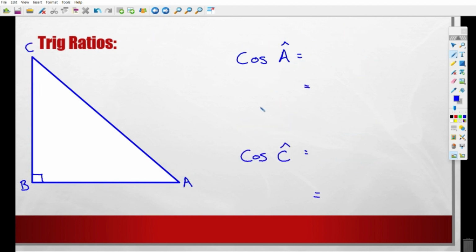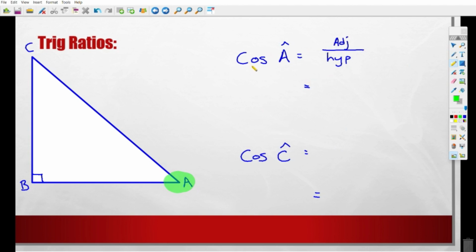Here we've got cos. Again, learning work, we need to know cos is adjacent over hypotenuse. So if I look at cos of A, I'm dealing with angle A here.